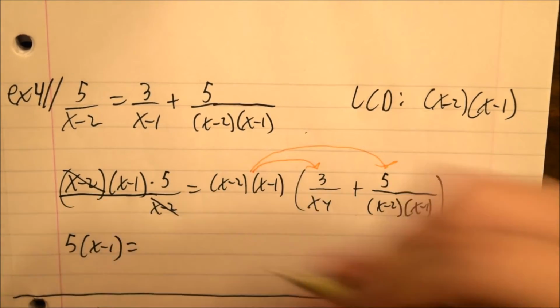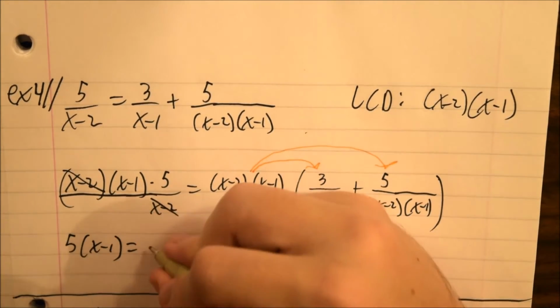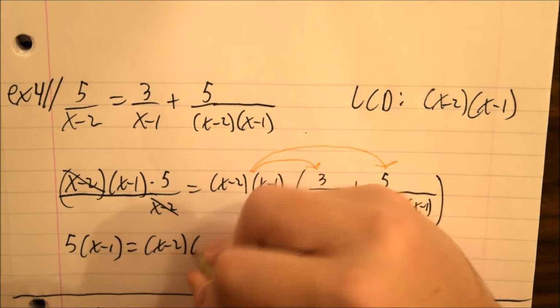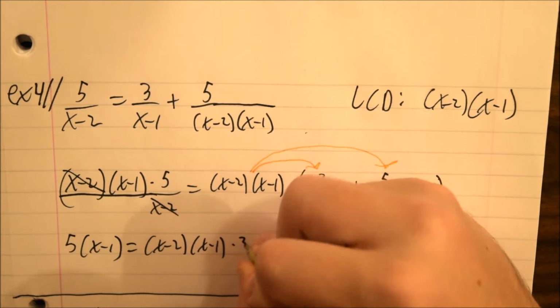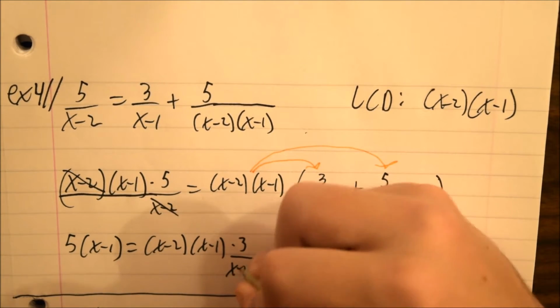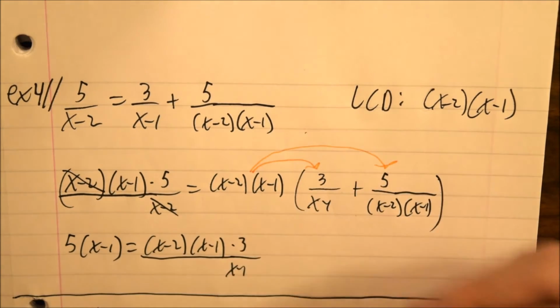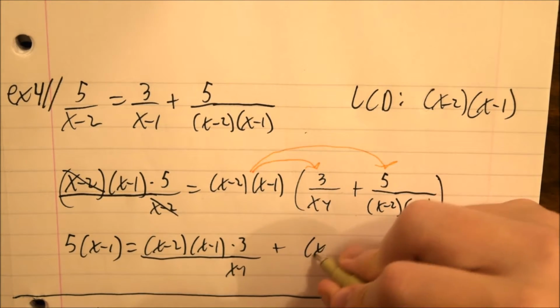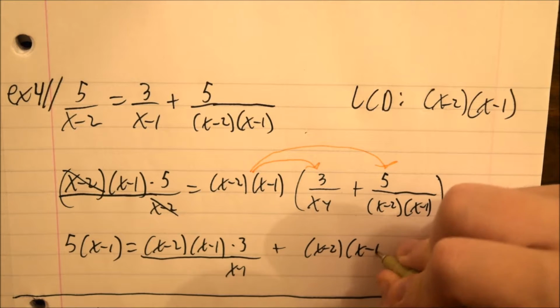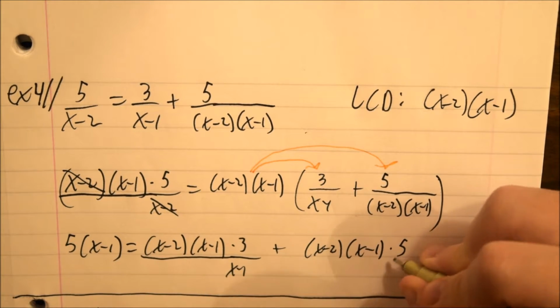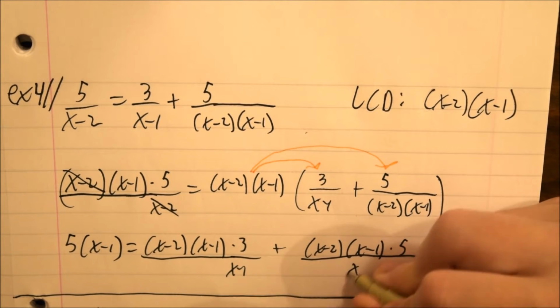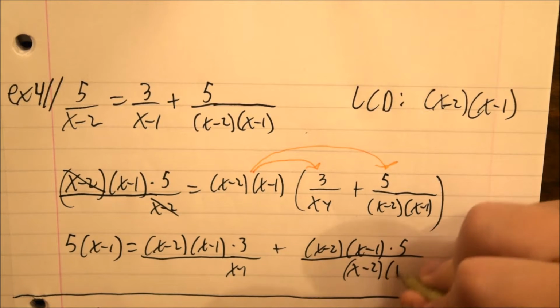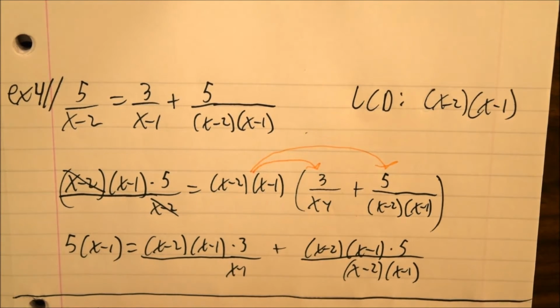Alright, now the right hand side I've got to distribute. So I've got an x minus 2 times x minus 1 times 3 over x minus 1. And I've also got an x minus 2 times x minus 1 times 5 over the same thing on the bottom, x minus 2 times x minus 1.